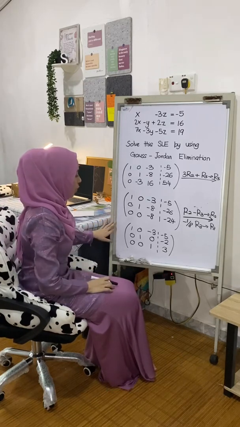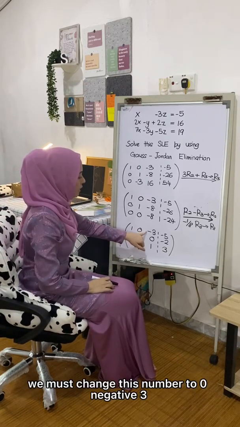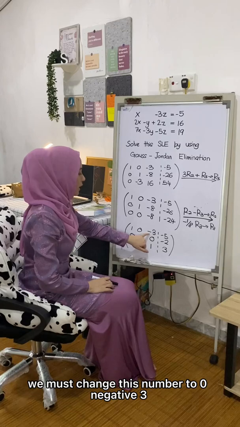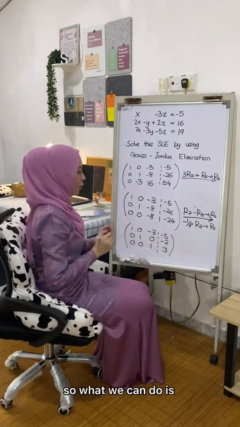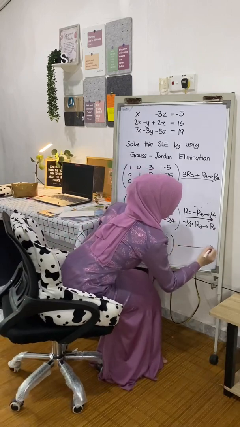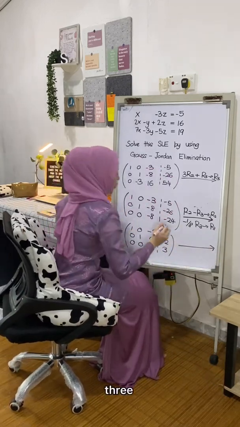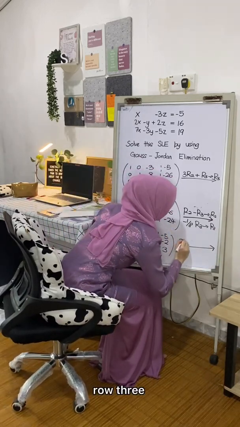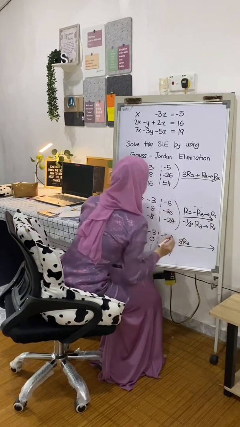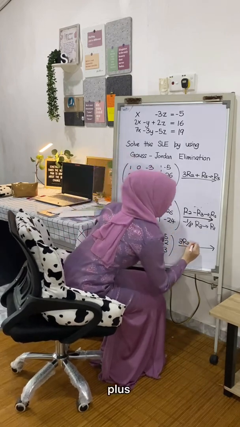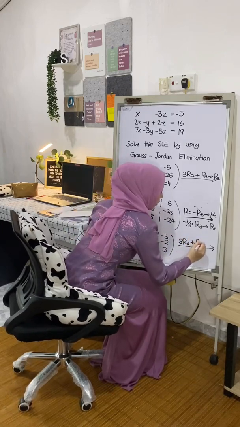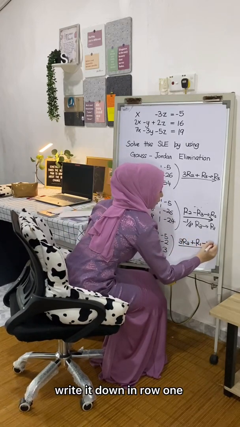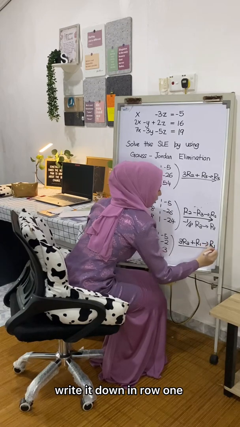Now, we must change this number, negative 3, to 0. So what we can do is 3 row 3 plus row 1, write it down in row 1.